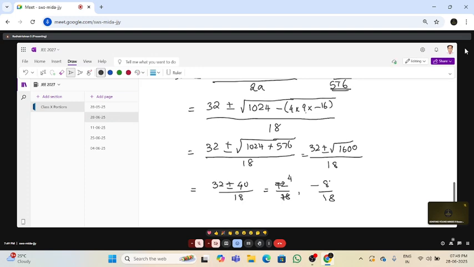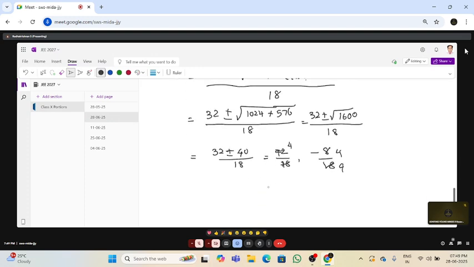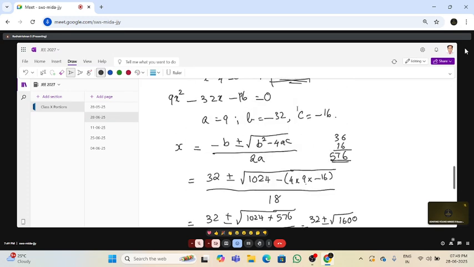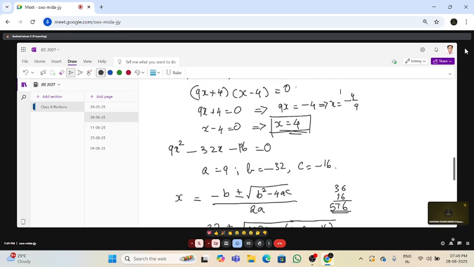And this is equal to, by simplification, minus 4 by 9. 4 comma minus 4 by 9. The same thing we got, right? Through factorization also, we got 4 and minus 4 by 9. Right?